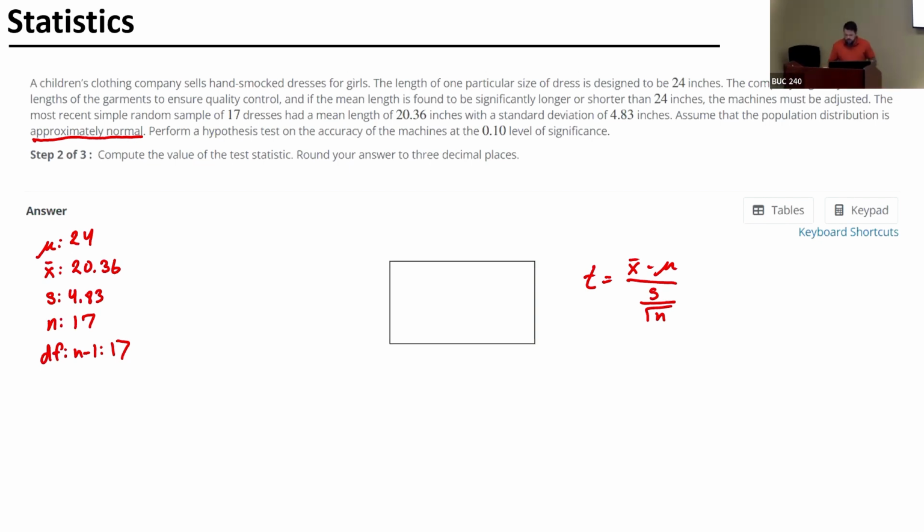All righty. So let's start figuring everything out here. Be very careful. Notice we're gonna be rounding to 3 decimal places. So we're gonna start putting our information in here of 20.36 minus 24 divided by 4.83 over the square root of 24.